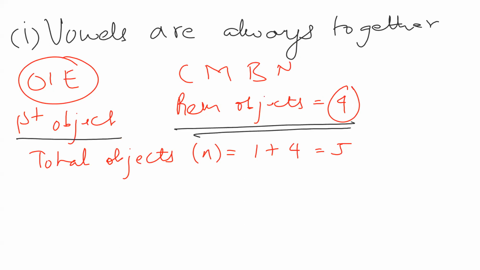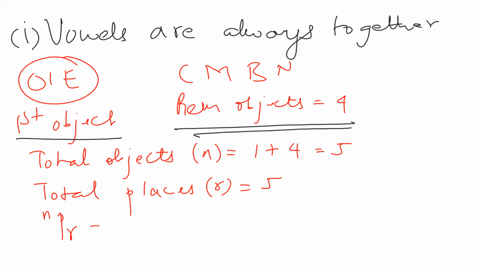Remaining objects are 4: C, M, B, N. The total number of objects n is equal to 1 plus 4, which is 5. Total places r is equal to 5 because 5 objects will naturally require 5 places. So the arrangements will be nPr, 5P5, which is equal to 5 factorial.